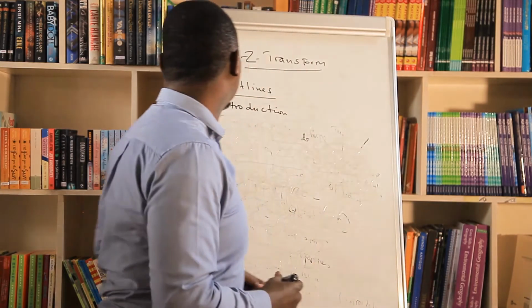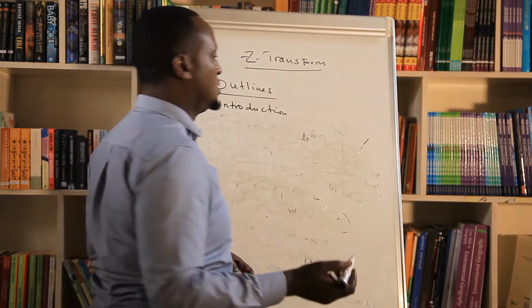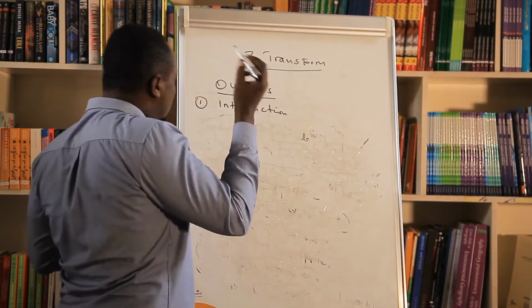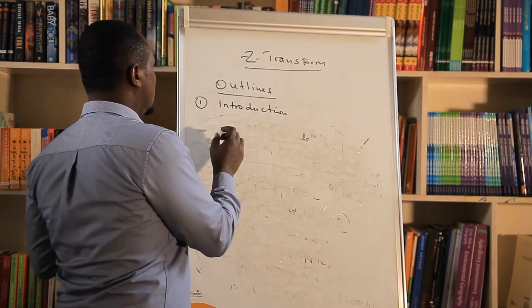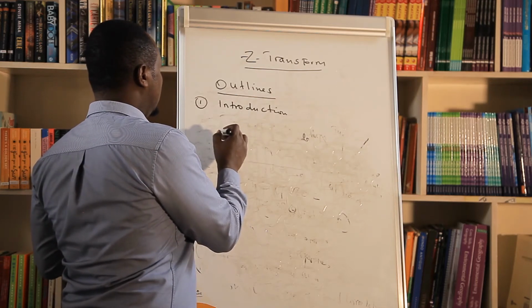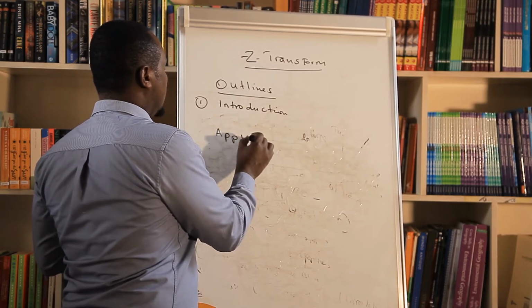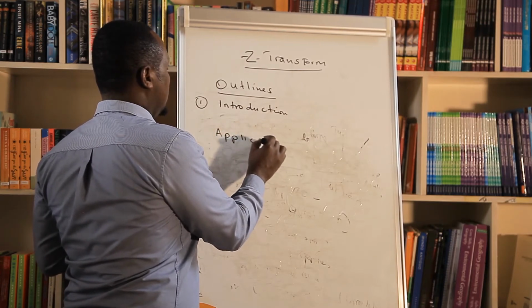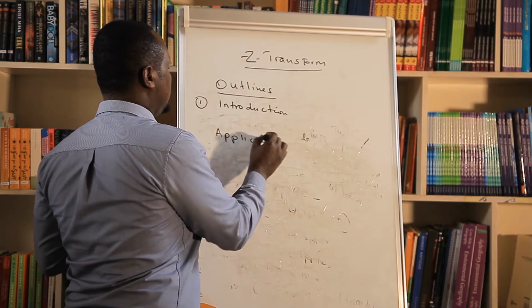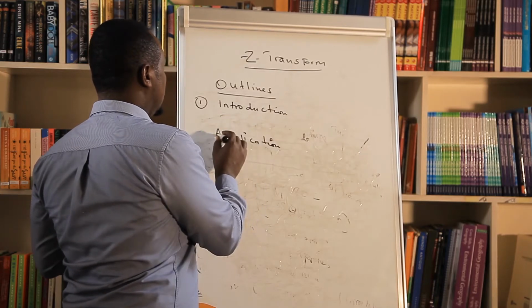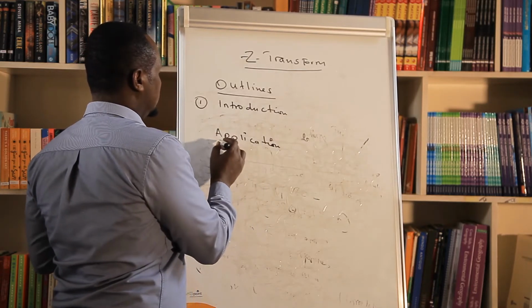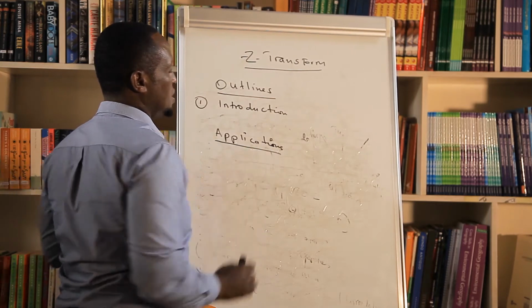So we have seen the definition of what it means to be a Z transform, and now we are going to see where it gets applied in real scenarios. So we are going to see the application.